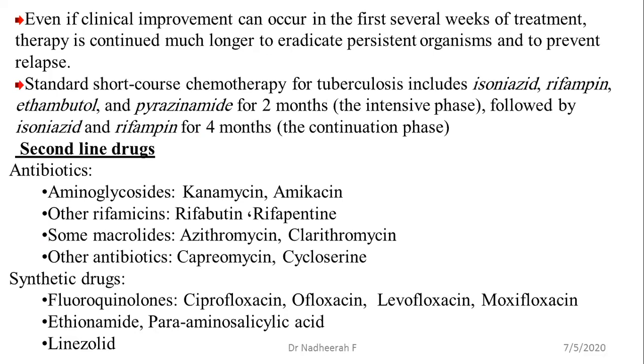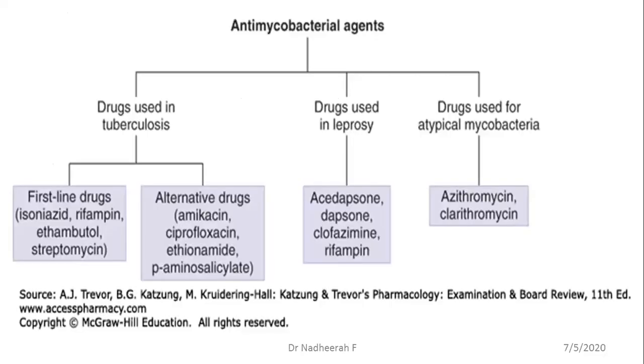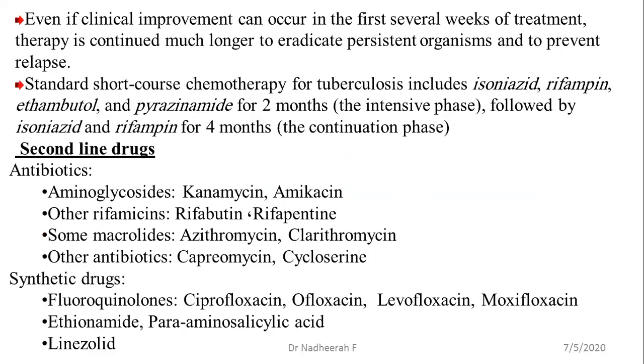The second line drugs include antibiotics such as aminoglycosides, other rifamycins such as rifabutin and rifapentine, some macrolides, azithromycin, clarithromycin, and other antibiotics such as capreomycin and cycloserine.